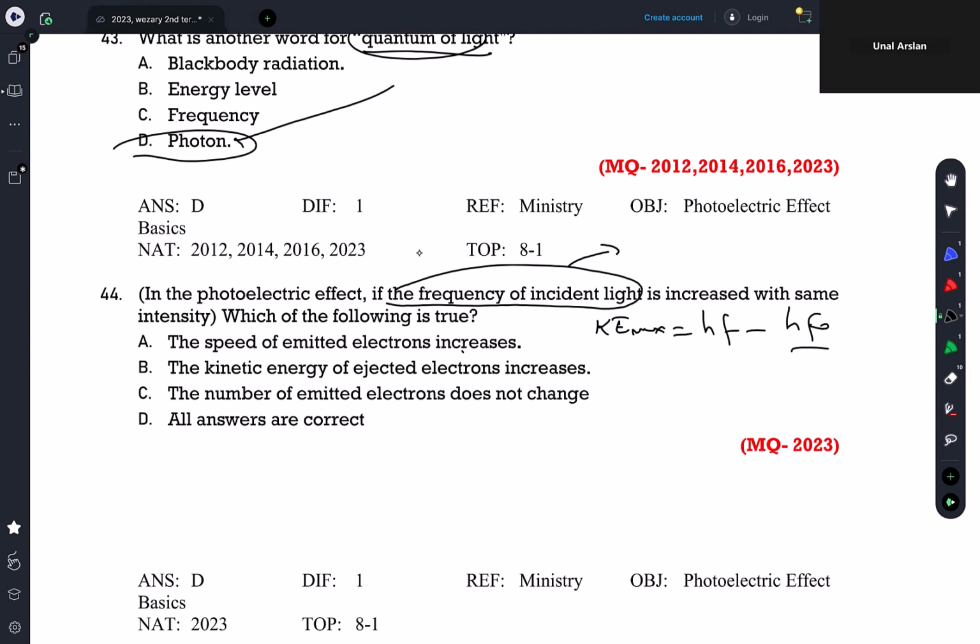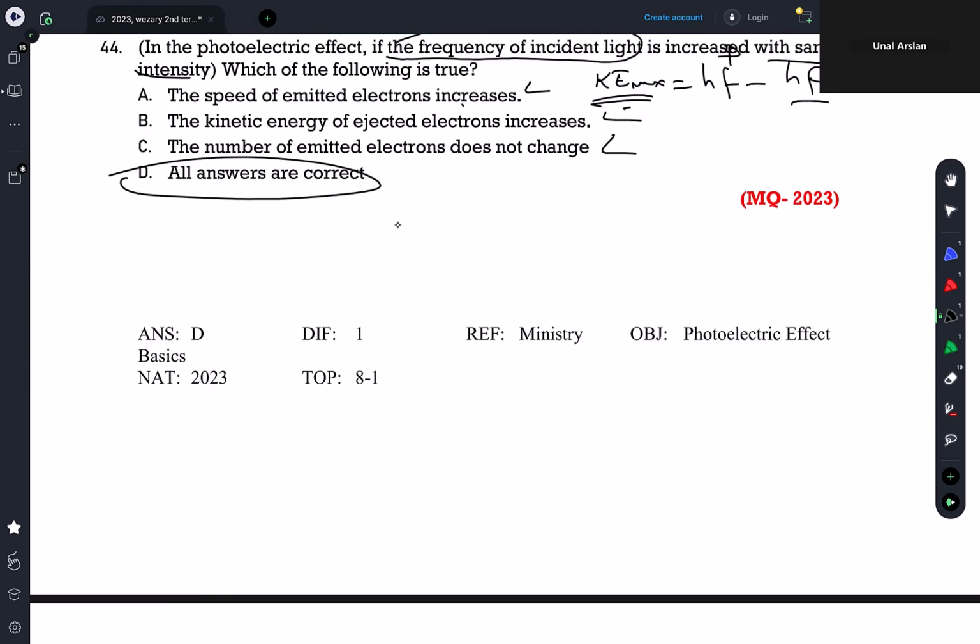If the frequency of the incident light increases, kinetic energy increases, so speed of the emitted electrons increases, correct. Kinetic energy of the ejected electron increases, correct. Number of emitted electrons does not change, also correct, because it depends on intensity. The question says same intensity, so all answers are correct.